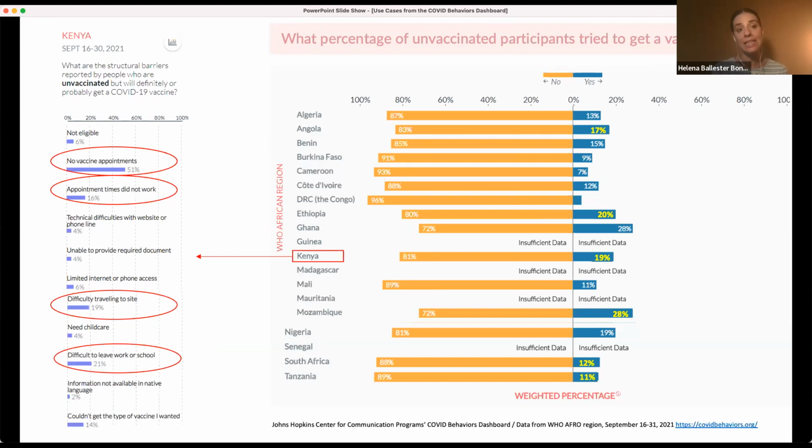And in this line, we started working, for example, with an Association of Religious Leaders so that they could offer their spaces as vaccination sites. And finally, we have been advocating for longer hours of vaccination so that people who need to take care of their family and work could actually benefit from the vaccination.